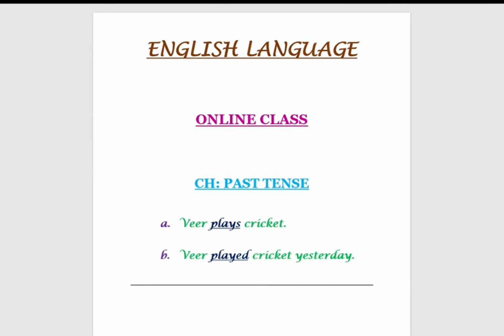In sentence B, the verb played refers to an action that he did yesterday, that is, in the past. The two forms of the verb play, plays and played, have been used to show two different times, present and past. We say that the verb plays is in the present tense and the verb played is in the past tense.